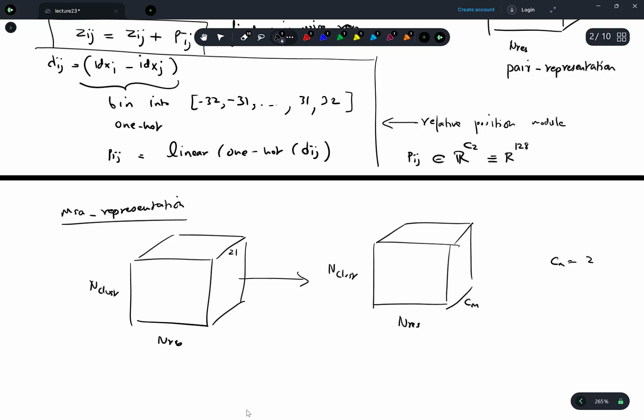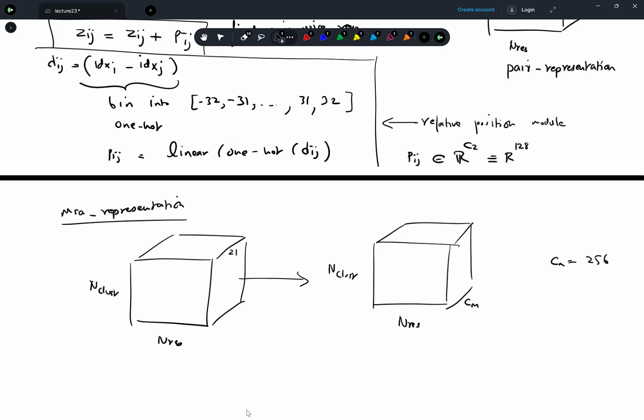Essentially I want to project from a 21 dimensional feature input to a 256 dimensional input along the third axis, the feature axis. The number of MSA clusters and the sequence length remain the same. The sequence length is determined by your input sequence. Right now, the way we have it, we're going to have just one row, so n clust will be equal to 1.